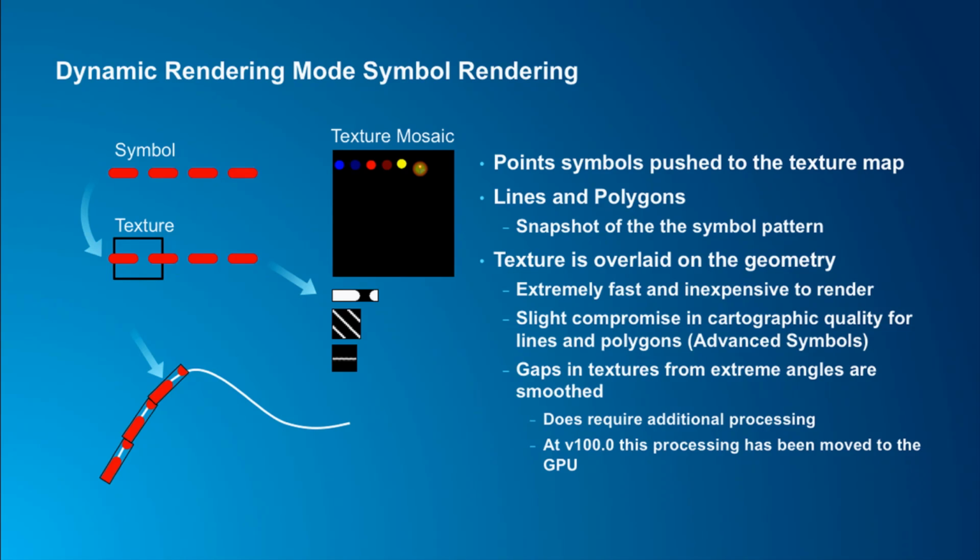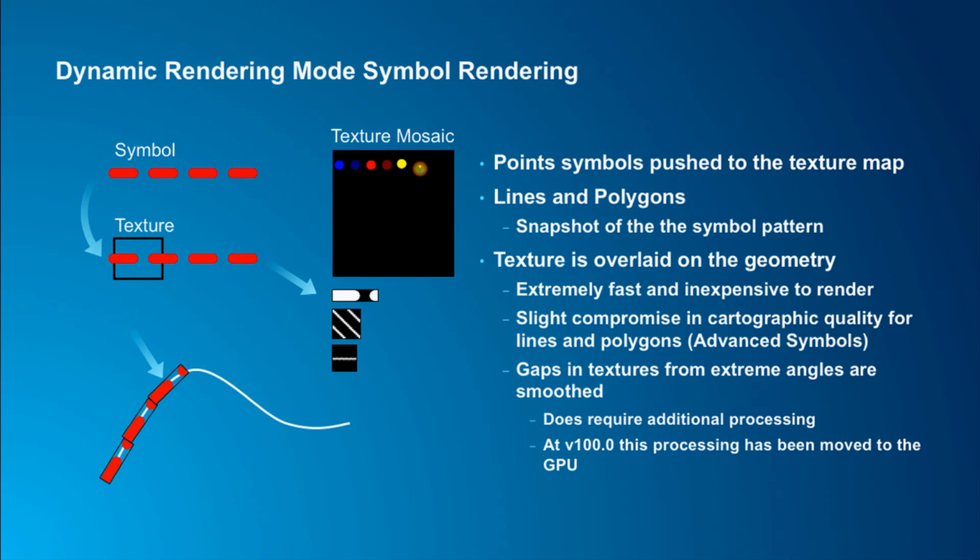The thing to note about dynamic mode, which is important, is because we're trying to be as performant as possible and we're working with textures, your point symbols just become images, put on this texture mosaic. Your line and polygon symbols get a little more complicated because we're not rendering the entire geometry all at once.